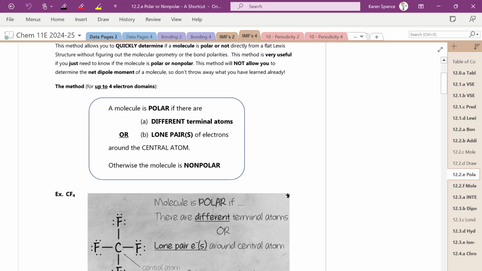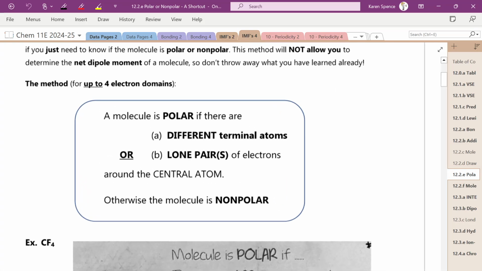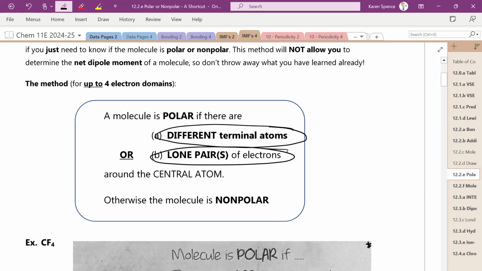Polar or nonpolar, a shortcut. You can learn the shortcut. If you have different terminal atoms or you have lone pairs of electrons on the central atom, it will be polar, except linear.